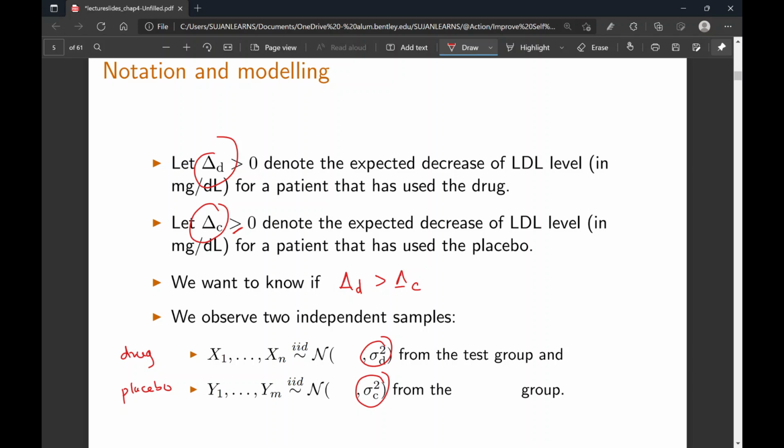Those are the variances of X and Y. And what about the expected value? For the drug, we have the expected value delta D, and for the placebo it is delta C. And this delta C belongs to the group called the control group.